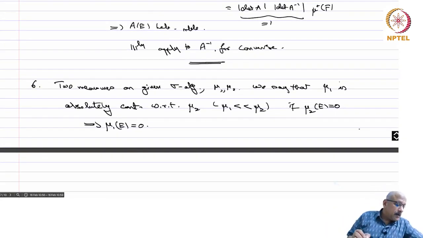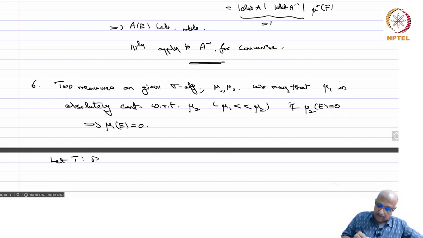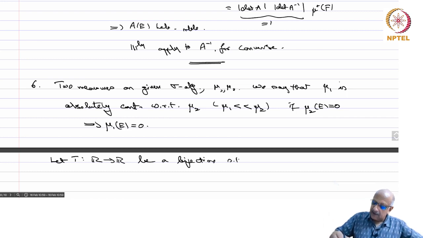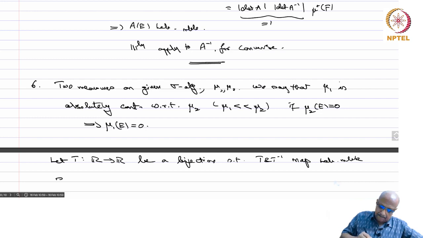So let T from R to R be a bijection such that T and T inverse map Lebesgue measurable sets to Lebesgue measurable sets.